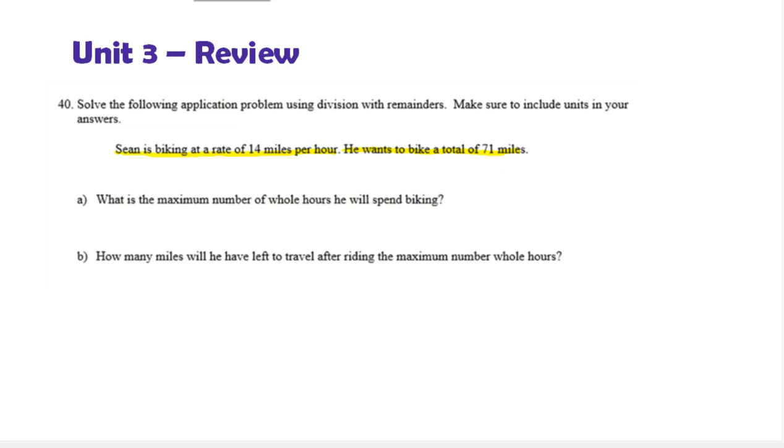So if he wants to go, let's look at our distance equals rate times time. We also saw that we can rewrite this. We're looking for hours, which would be time.